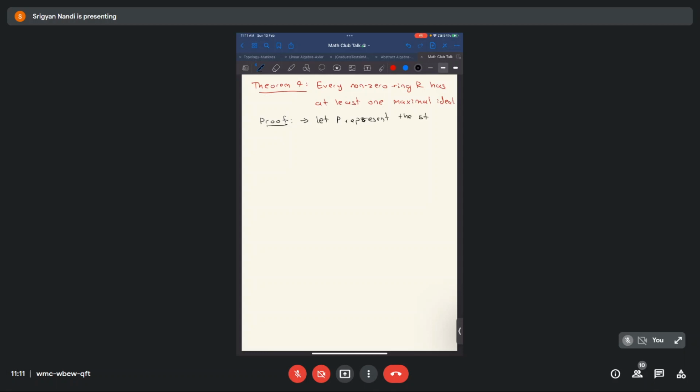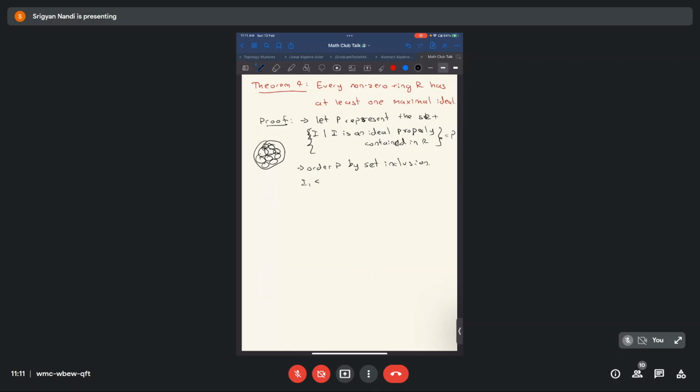Let P represent the set of I such that I is an ideal properly contained in R. So if R is the ring, P is the set of all ideals that are properly contained in R, so all ideals that are not R. Now, second, we can order P by set inclusion.